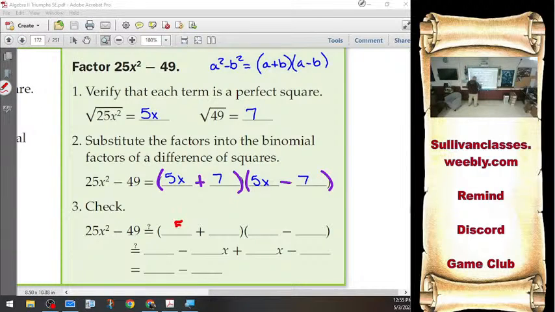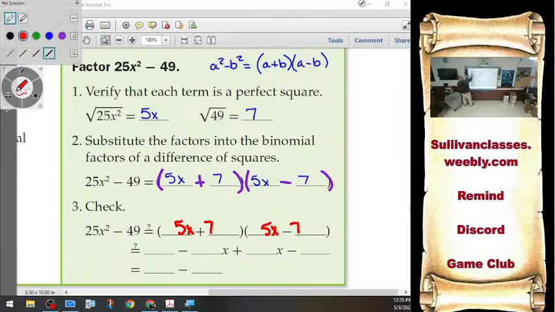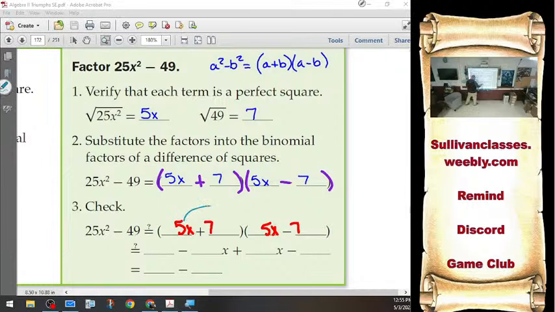We just said 5x plus 7 times 5x minus 7 makes this. So prove it. What is 5x times 5x? 5x squared, 10x, or 25x squared. We got there. What is 5x times negative 7?